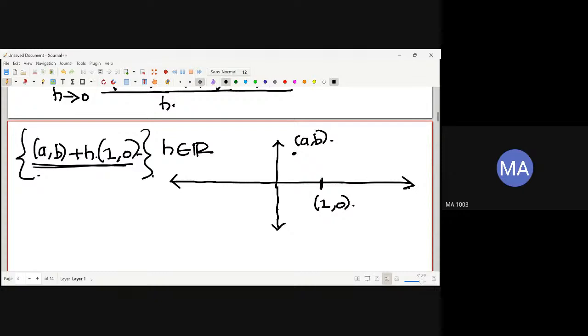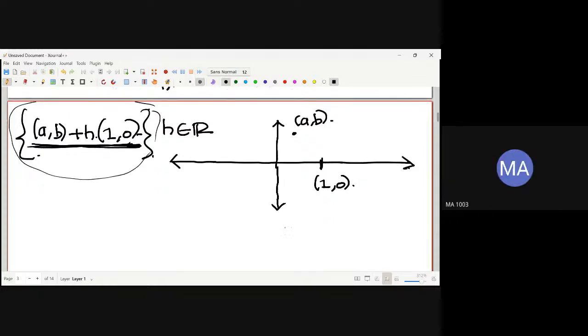Then what about week 7? You have studied some affine space, right? Sir, affine transformation and affine mapping. So what I'm asking is, what will this set represent? The subspace of R2.